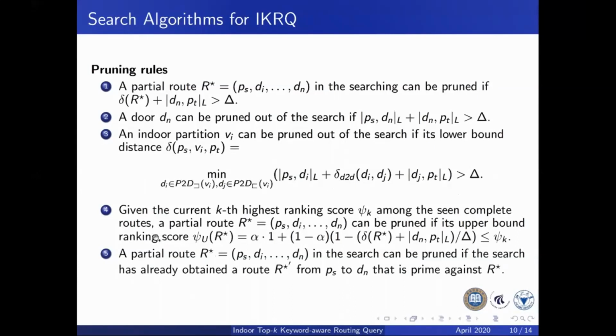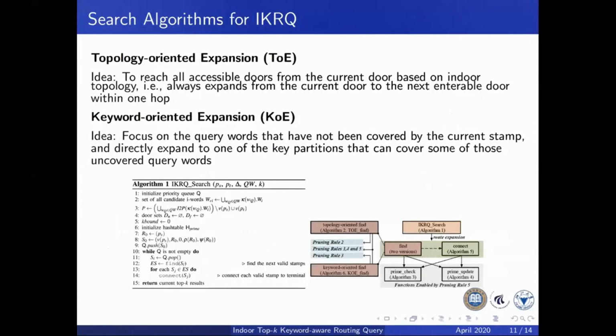That is, it always expands from the current door to the next enterable door in one hop. The idea of keyword-oriented expansion is to focus on the query words that have not been covered by the current stem and directly expand to one of those partitions that can cover some of those uncovered query keywords.